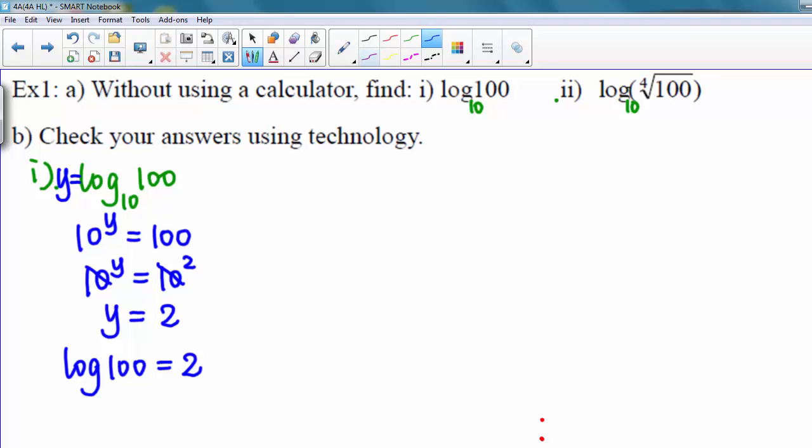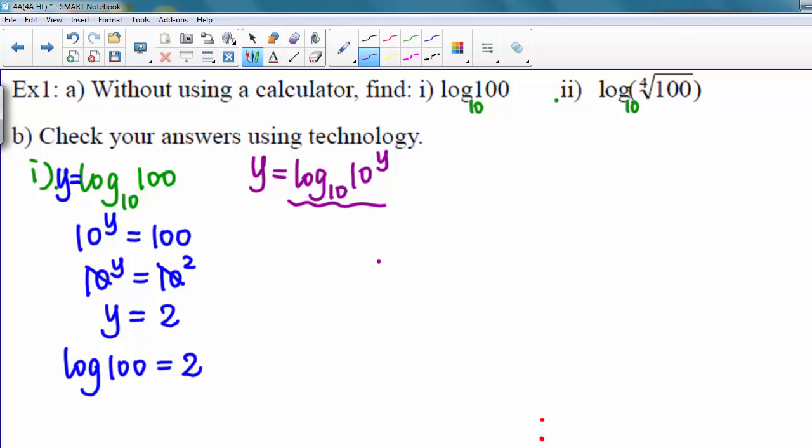The second method is I can use the second identity. Do you still remember the second identity? If you don't remember, look at your notes again. It's y equals log 10 to the power of y. So this y is the same as the log value.